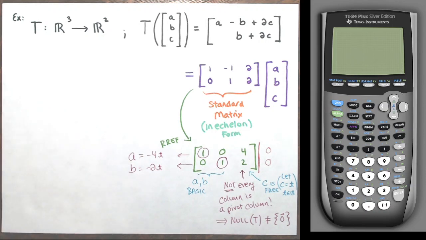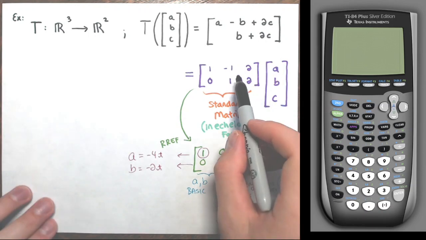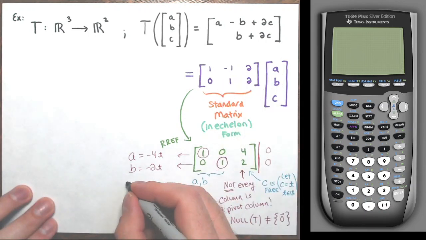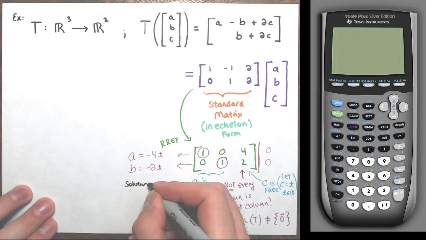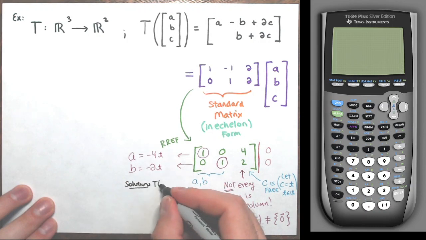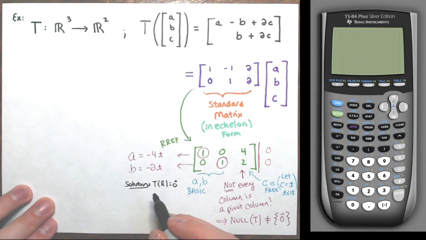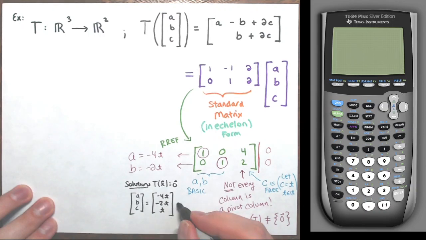So the solutions to this equation, the A, B, C vectors that give me the zero vector, are where A is negative 4 times my choice of T, B is negative 2 times my choice of T, and C is whatever I choose for T. Do you see how this is just a scalar multiple? T times the vector negative 4, negative 2, and 1.